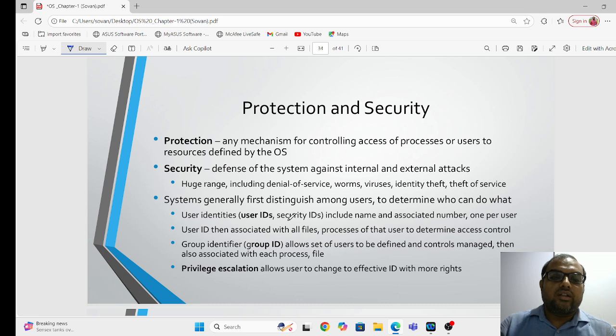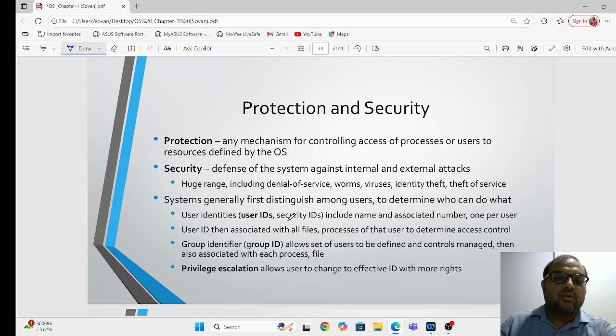Security is required because there are two types of security threats: internal and external attacks. For example, external attacks include different types of virus attack, worm attack, or DOS attack. We can detect these first, or we can remove these attackers, because they can attack the system.